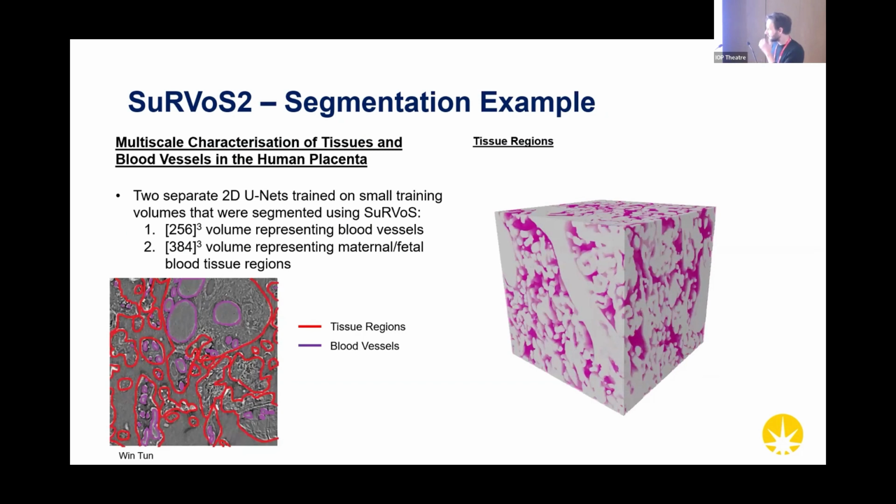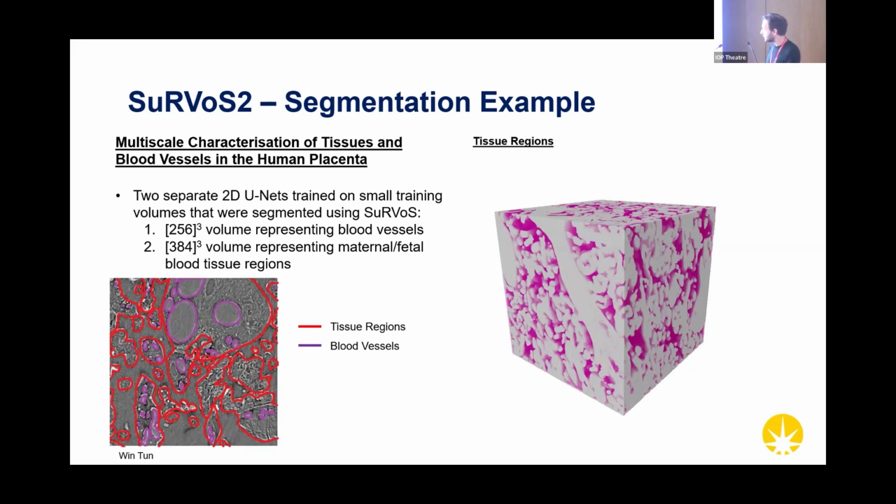So going back to this example of placental tissue, we use UNets in Servos to segment the placental tissue, the same data, but we train two different models on the same data. You can see my colleague Wynn annotated this. You have the blood vessel here, but you also have the tissue regions around the blood vessels. So we trained two models, one to separate out the blood vessels and one the tissue regions.